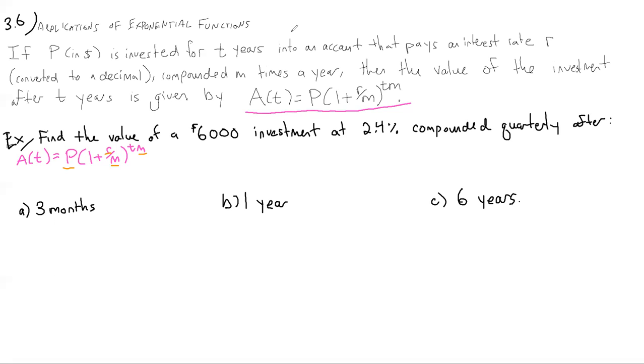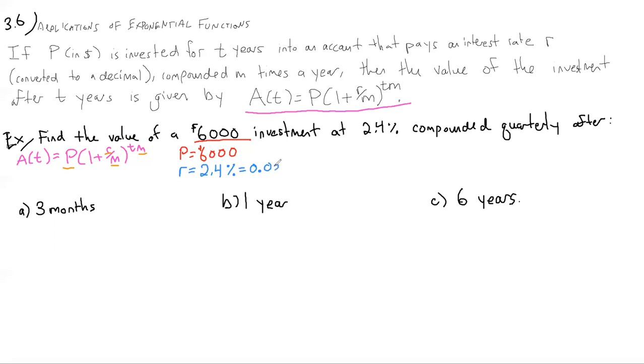P is the initial investment. That's your $6,000. It's the principal value of whatever this account is worth. r is going to be the interest rate, but we need to convert it to a decimal. We start with 2.4%, and to convert to a decimal, we divide by 100 or move the decimal over twice.